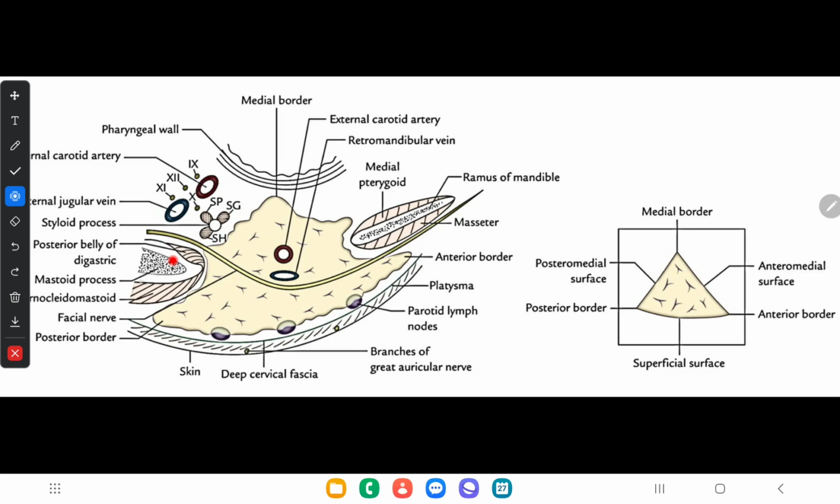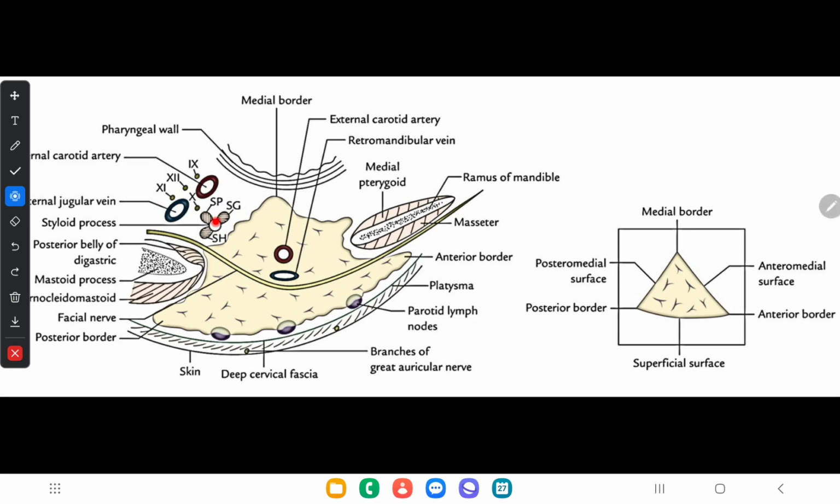They are sternocleidomastoid muscle. Here you can see part of this muscle. This is the sternocleidomastoid muscle which is attached to this mastoid process, and here this is the posterior belly of digastric which is attached to the mastoid process. It is also related to the styloid process and the three muscles attached to it.